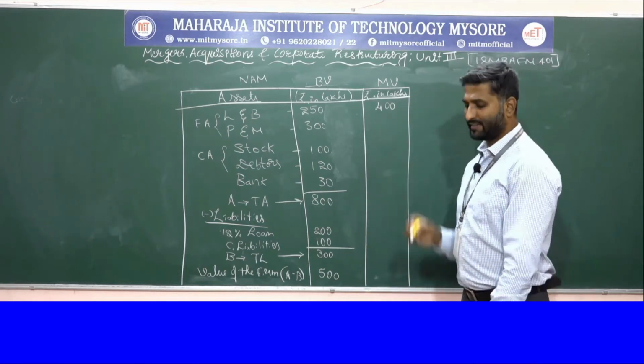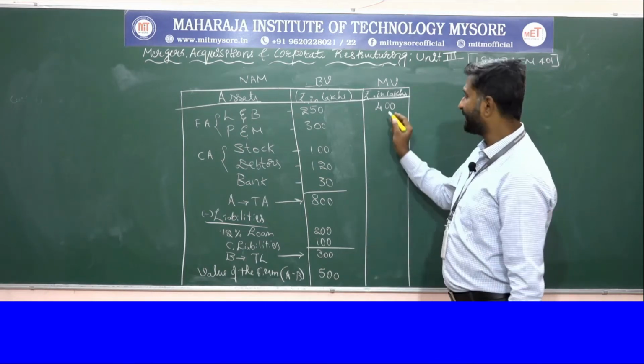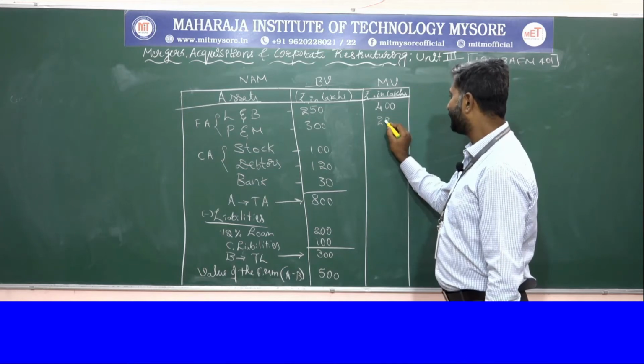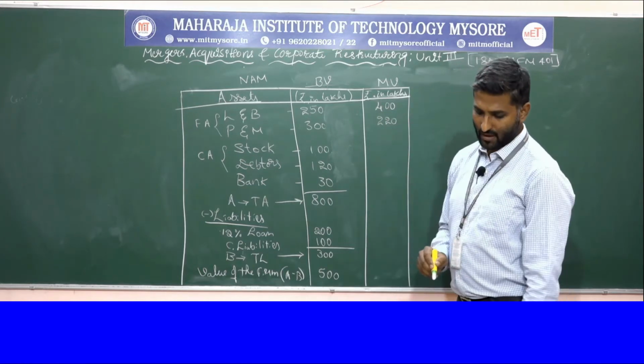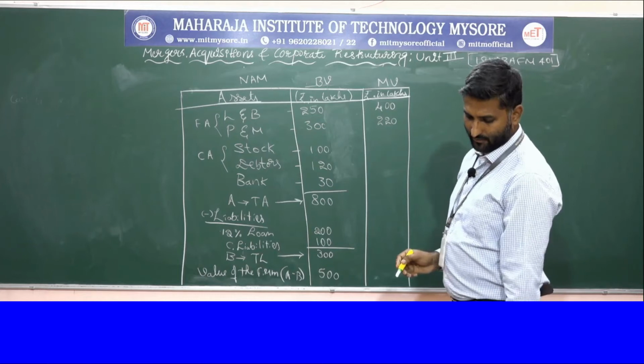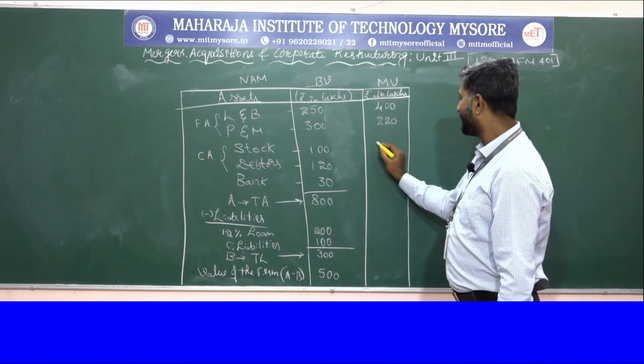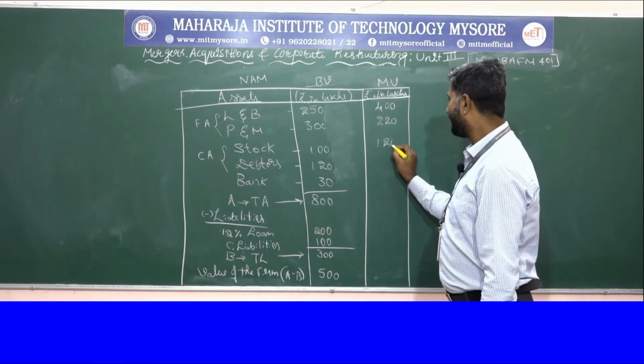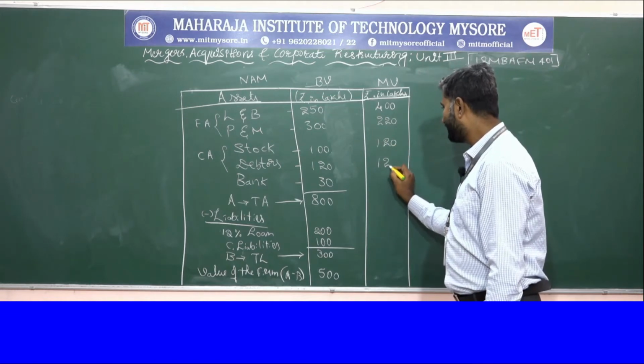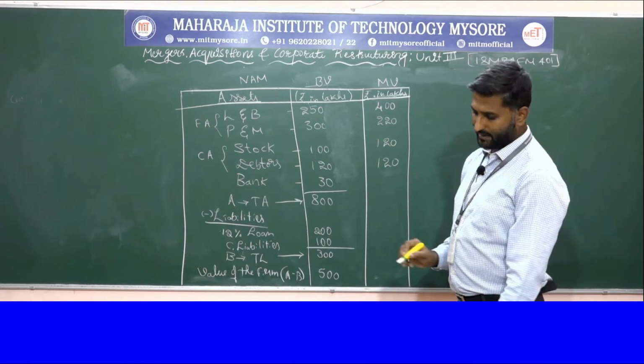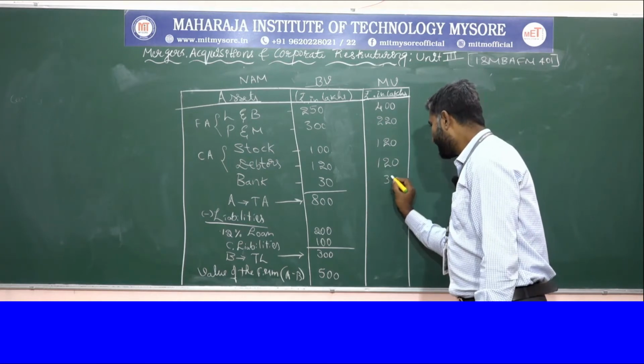Land and building is 400 lakhs, plant and machinery market value is 220 lakhs, and stock is 120 lakhs. Debtors remain the same as in the book value, and cash also the same as in the book value.